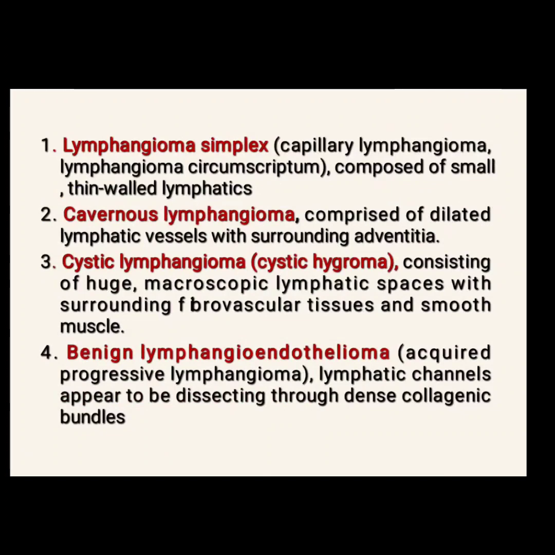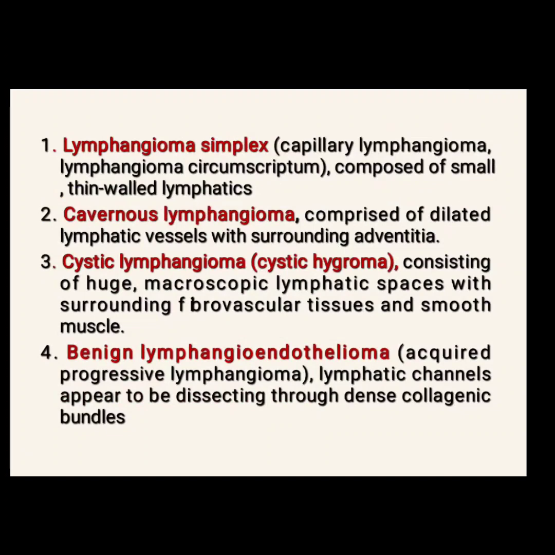Then comes cystic lymphangioma or cystic hygroma. It consists of huge macroscopic lymphatic spaces with surrounding fibrovascular tissue and smooth muscle. In cystic hygroma we will see large dilated lymphatic vessels surrounded by fibrovascular tissue or smooth muscle. Then benign lymphangioendothelioma. Here the lymphatic vessels appear to be dissecting through dense collagenous bundles.